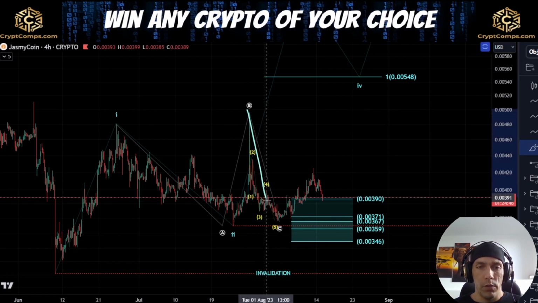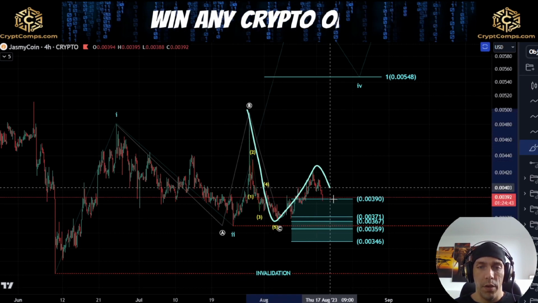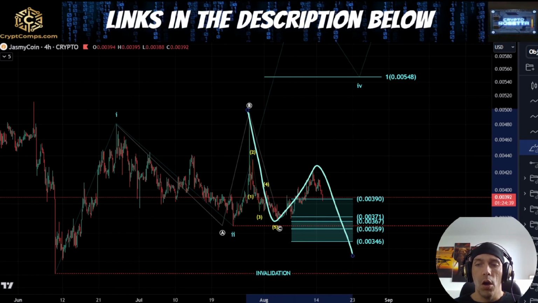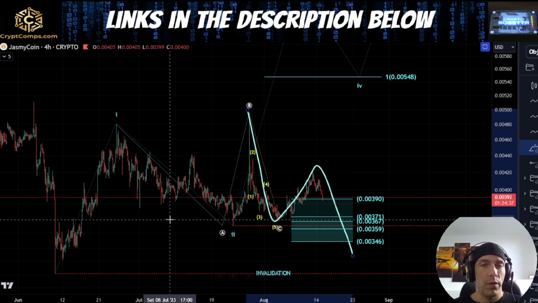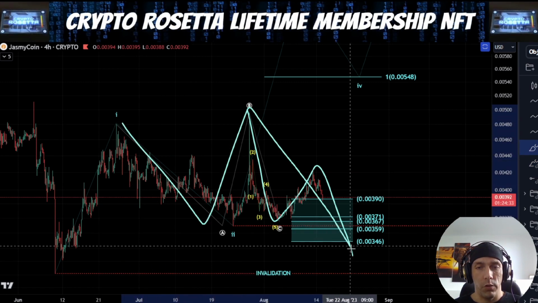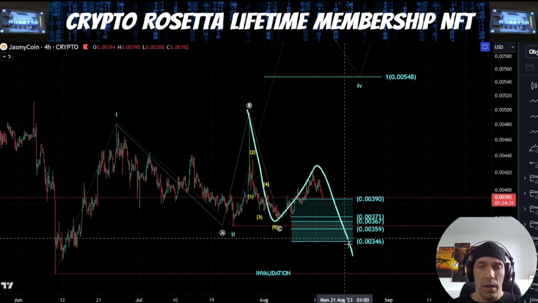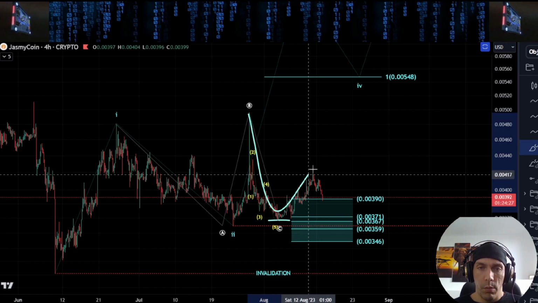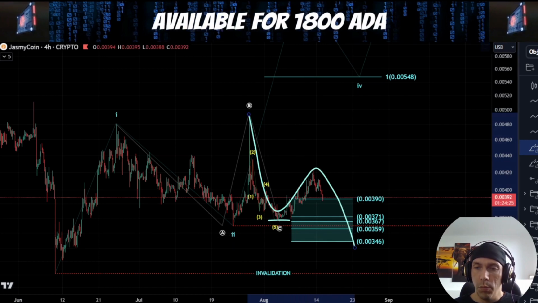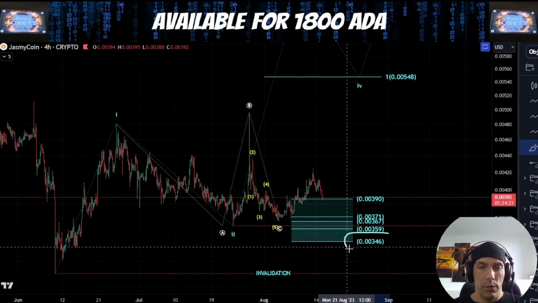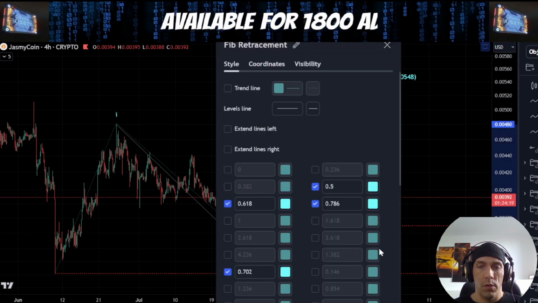So if we do see this develop as A, B, and C to the downside, but we still manage to hold this level of 0.317, this could still align with a bigger corrective move, instead looking at this as W, X, and Y. So going to be keeping an eye on this. Even if we do break this low here, if we just get a three-wave move to the downside that fails to push down past this 0.317 level, it is possible we could look to find support lower down here at this 0.346.